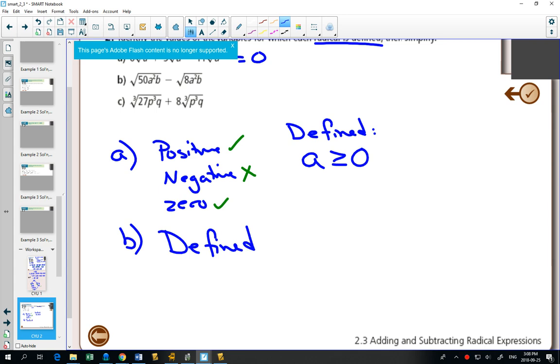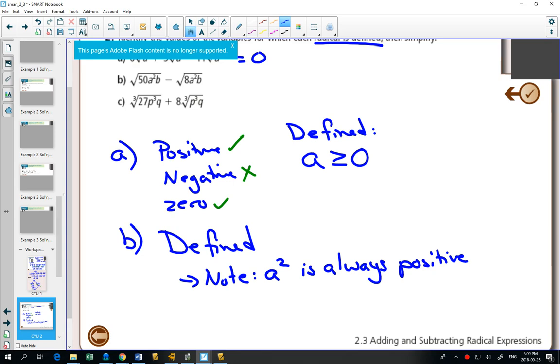In each of those square roots, we have an a squared. What happens when you square a number, positive or negative? It's always positive. So one little note that we're going to make, that a squared is always positive.